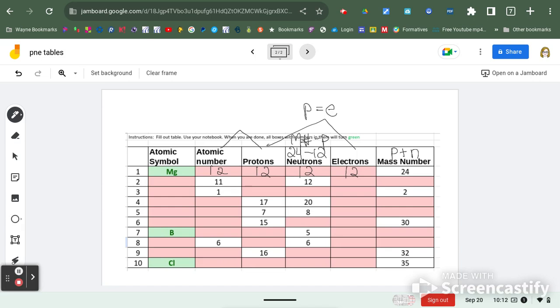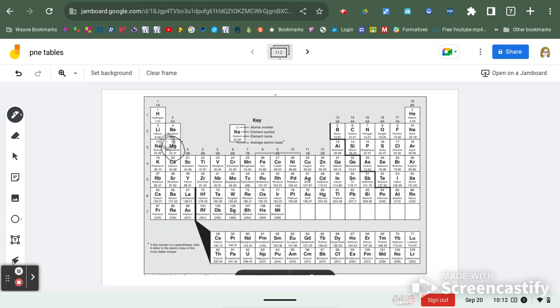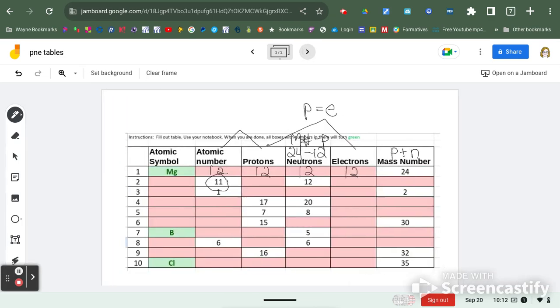All right, we're going to take a look at the second one. We see that the atomic number is 11. So we're going to go back to our periodic table, and we see that atomic number 11 is the element Na. So we're going to put Na right here. And we know that atomic number and protons are the same, so that's 11. Now you notice this time the neutrons are 12.